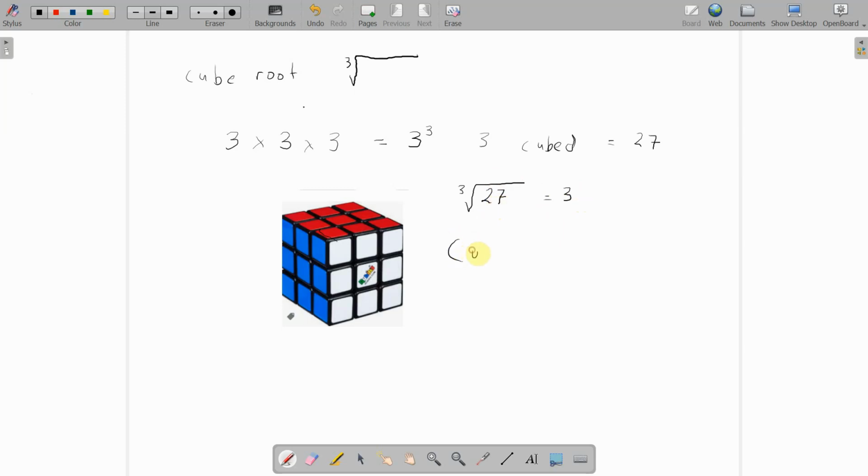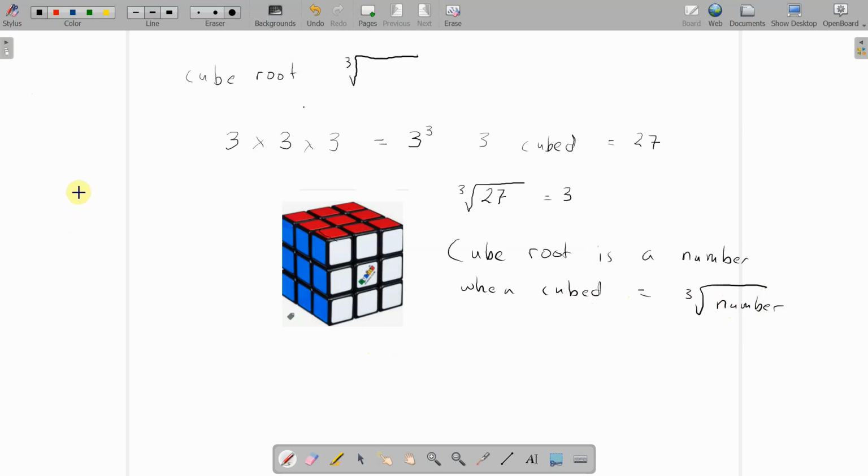So cube root is a number when cubed, in other words to the power of 3, equals the number in the cube root sign.